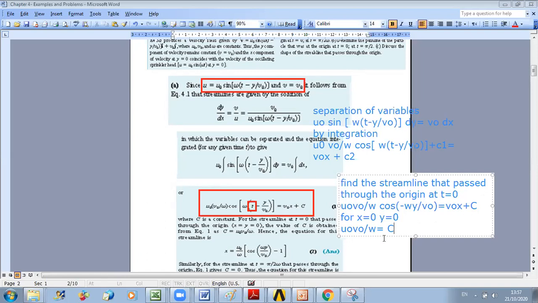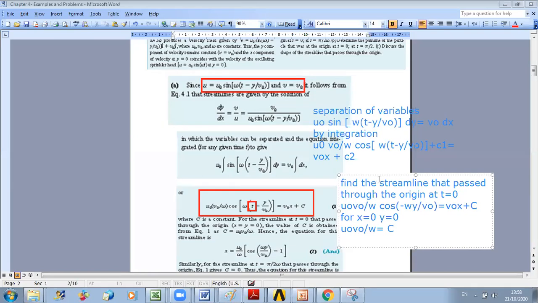Now if we replace back into our equation, we can get the equation of the streamline at this instant. Replacing c by its value, we get the new equation.